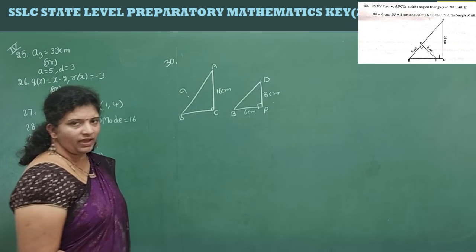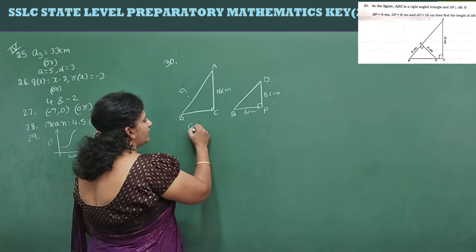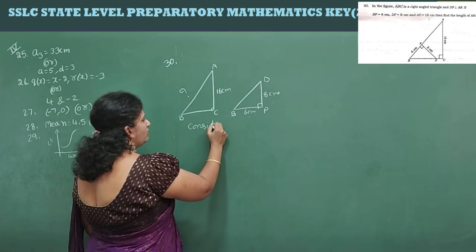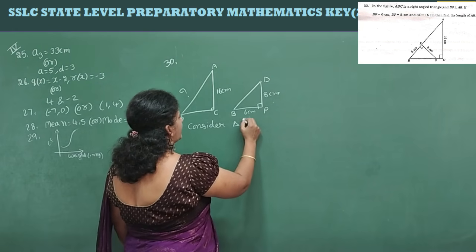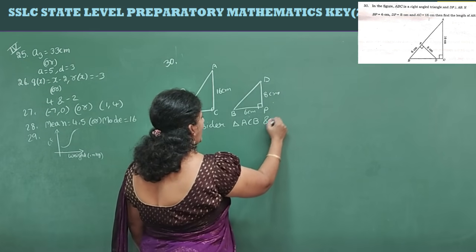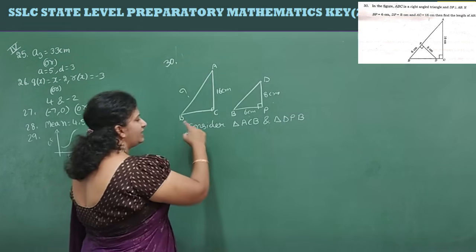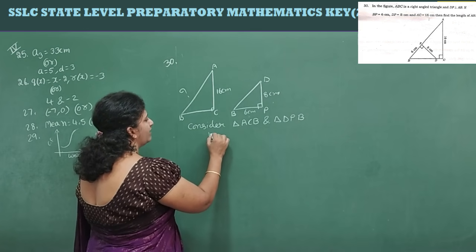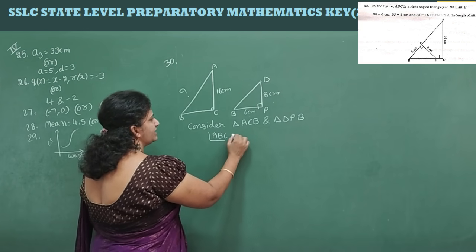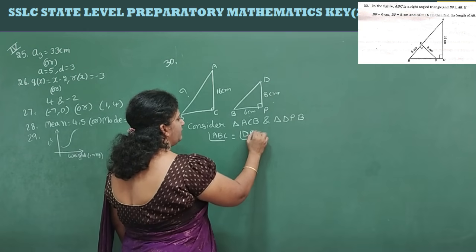And now start comparing, children. First you write, consider triangle ACB and triangle DPB, right? In these two triangles I can write angle ABC is equal to angle DBP.